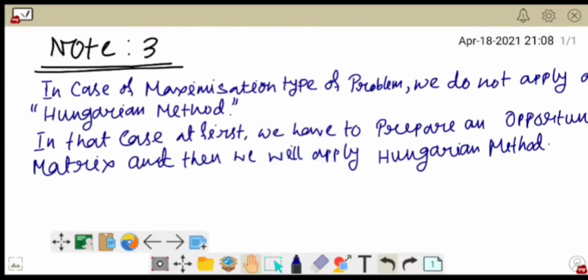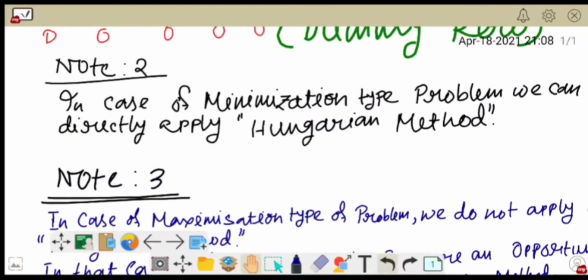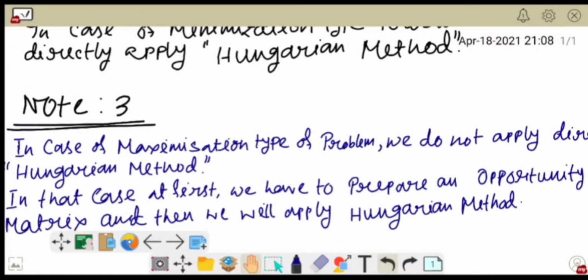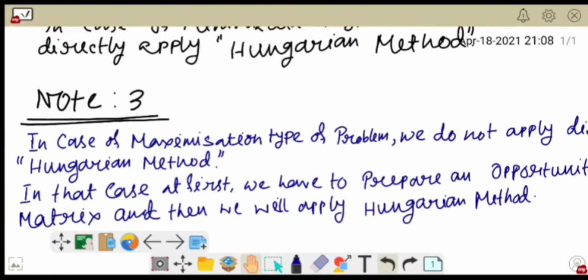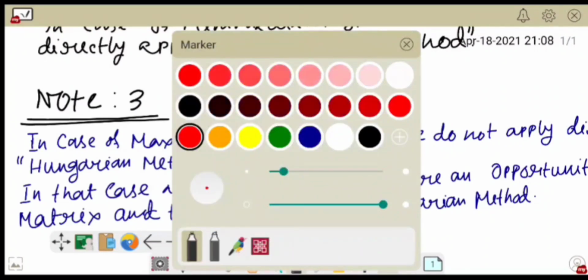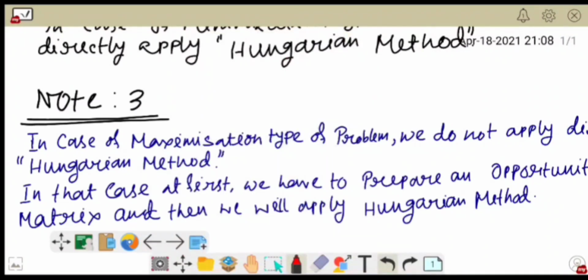So when we get to know the given question is a minimization type problem, then we'll never look to others, we will directly apply the Hungarian method. But when a maximization type problem is given in the question, please write it down with so much concentration: we will not directly apply the Hungarian method to solve this problem.